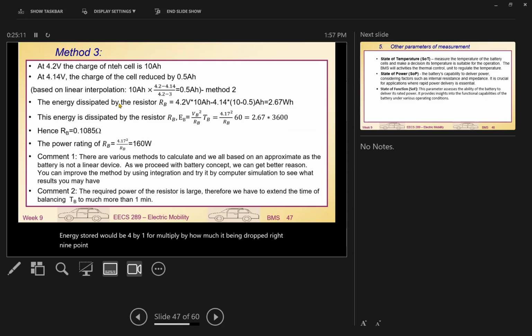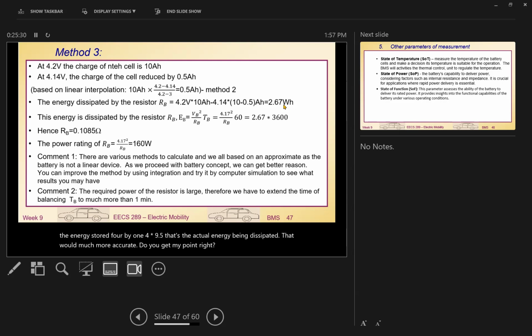So that is to say the energy dissipated should equal 4.2 times 10 AH minus the energy stored at 4.14 multiplied by 9.5. That's the actual energy being dissipated. That will be much more accurate. Do you get my point, right?